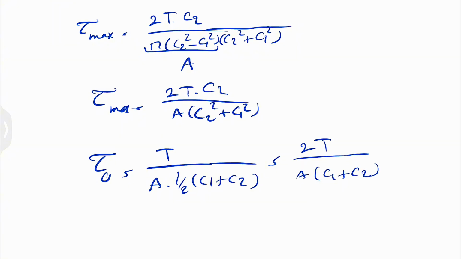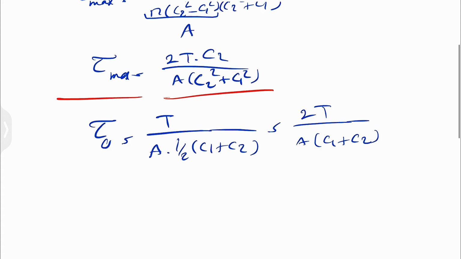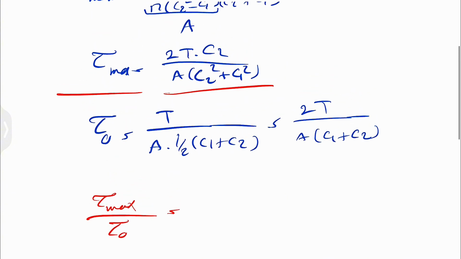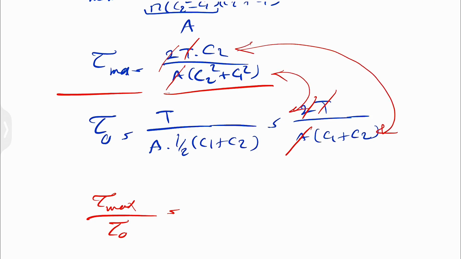What the question is asking is the ratio of tau max over tau zero, so we basically have these two divided. So tau max over tau zero, and here we can cancel out the T, we can cancel out 2, we can cancel out A, and we're going to multiply these ones, and this is going to go to the numerator and this is the denominator.